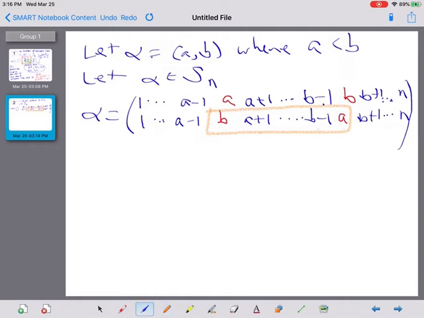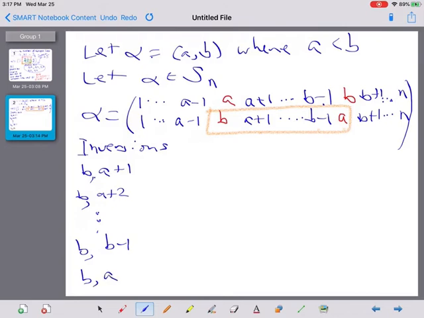So we first of all get inversions that look like B, A plus 1; B, A plus 2; all the way up to B, B minus 1; and then B, A. And it turns out that if you start thinking about this, B itself is A plus B minus A. And so there are B minus A numbers in this part of the second row.